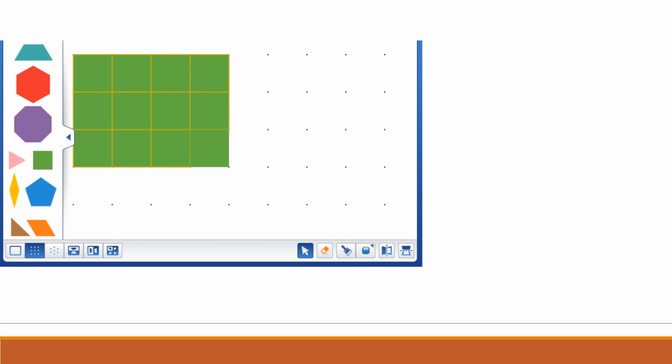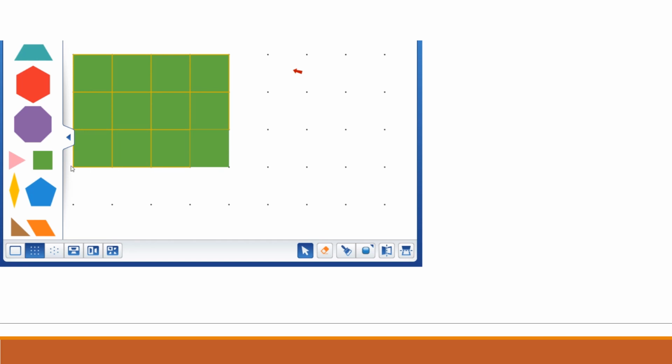I'm not sure if there's a tool that can help us with this or not. But the perimeter, we can start by counting across the top. 1, 2, 3, 4, 5, 6, 7. Across the bottom, 8, 9, 10, 11.